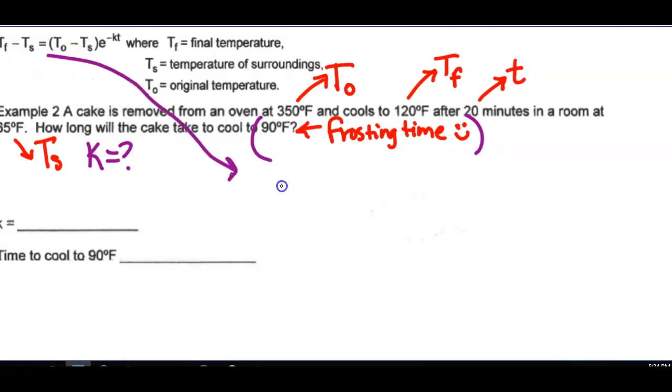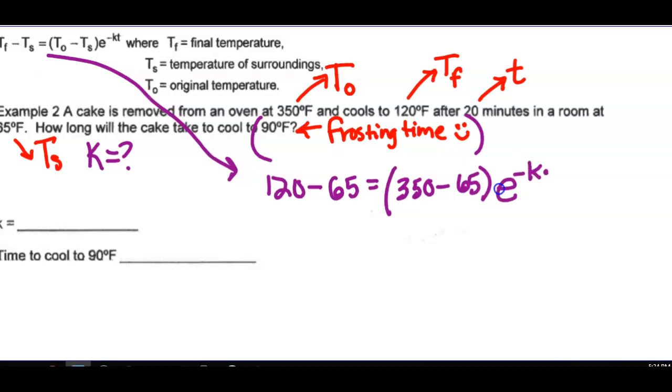Okay. T sub F is 120 minus T sub S, which is 65, equals T sub 0, which is 350, minus the surroundings again, which is 65. And then it's e to the negative k times t, which was 20 minutes.